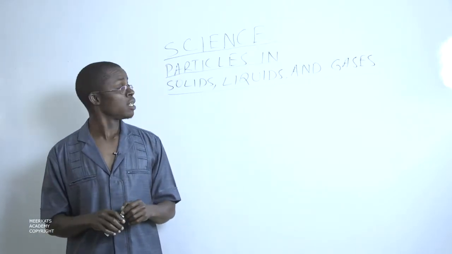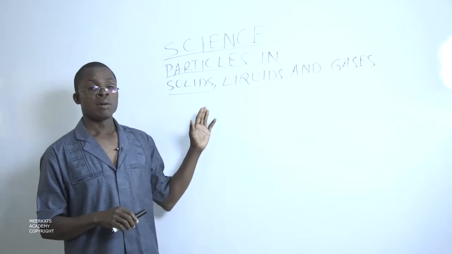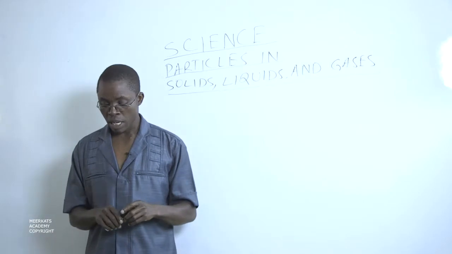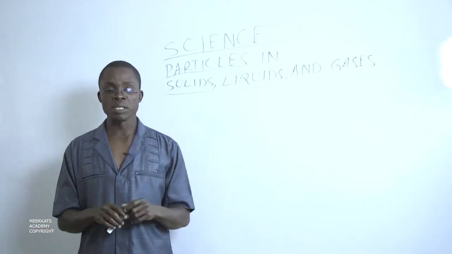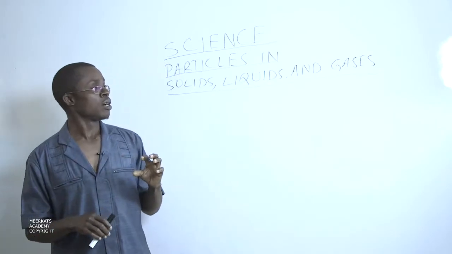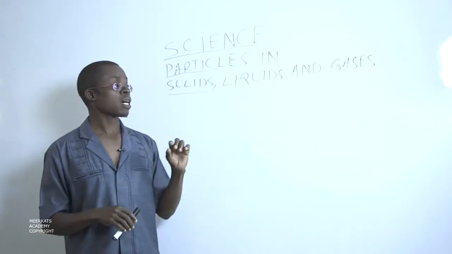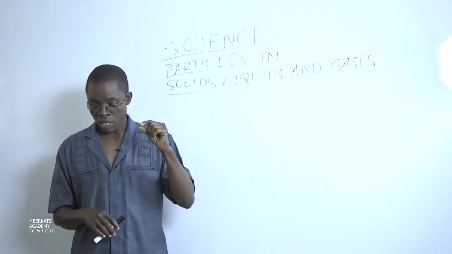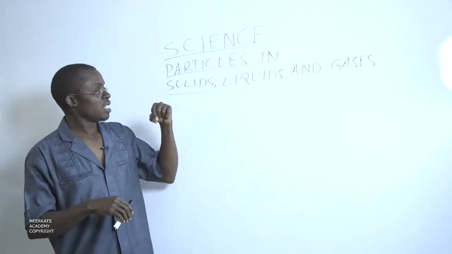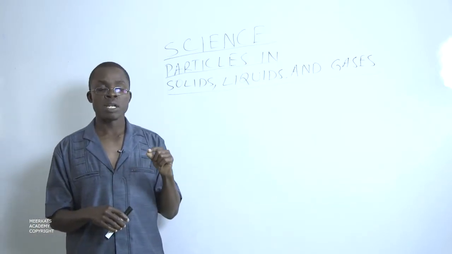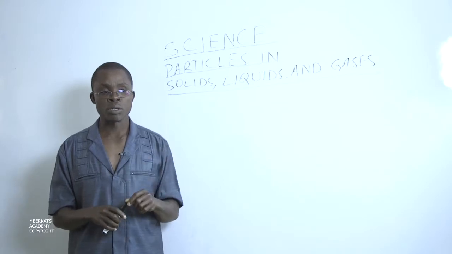To understand matter, we require some ideas, and the ideas are that matter or materials that have the small particles have the small particles in it being in constant motion.